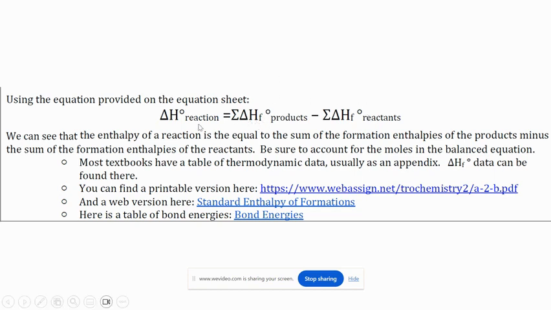So this is going to be delta H prime reaction equals, this symbol here is a Greek symbol. I think it's sigma. And it means to add all of that stuff up. So all of the delta F's of products minus all the delta F's of the reactants. Okay? And this equation appears on your equation sheet. So you don't have to have it memorized. It's on there.